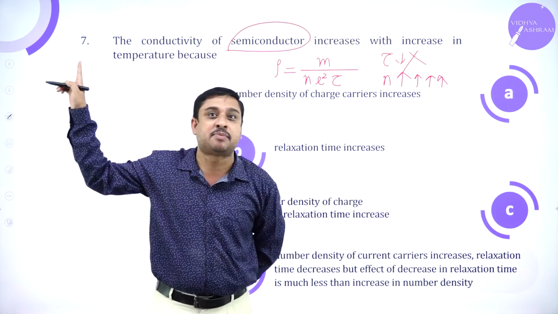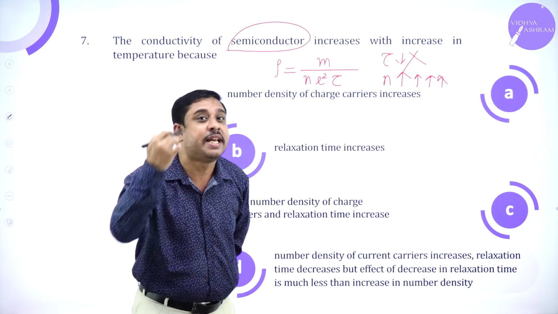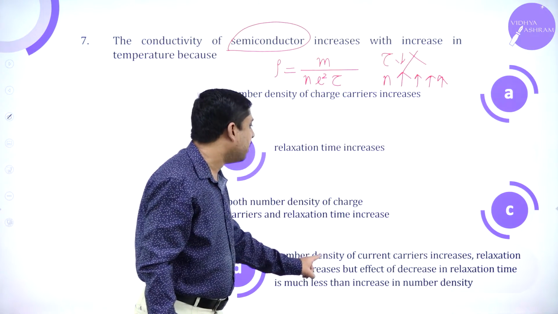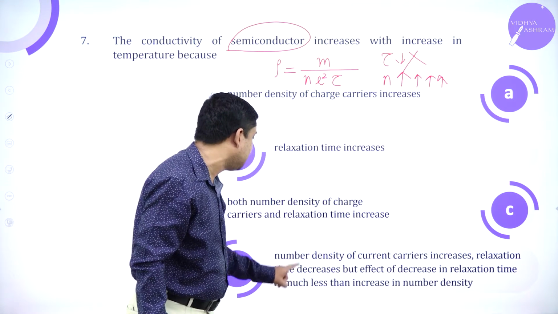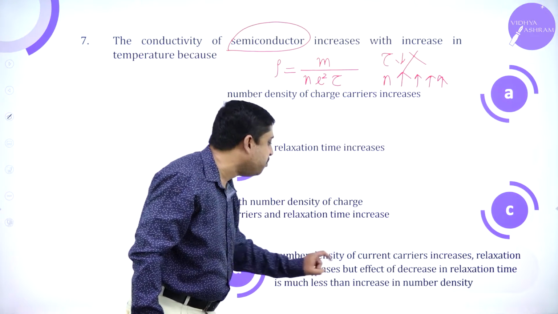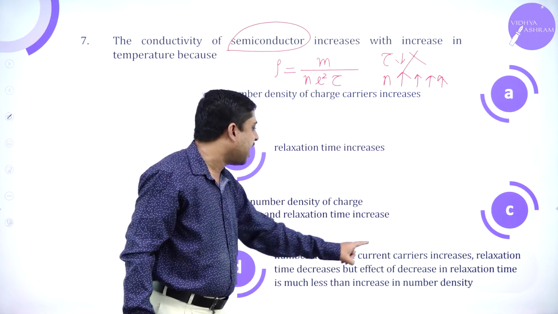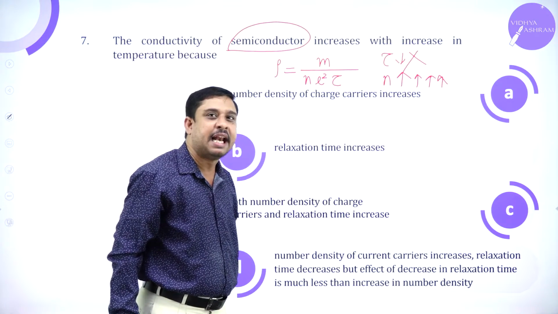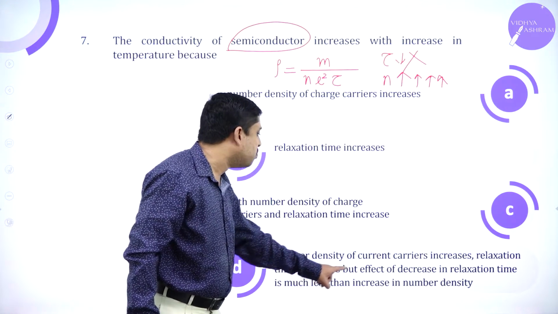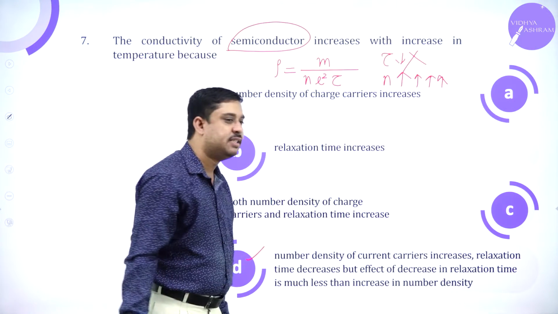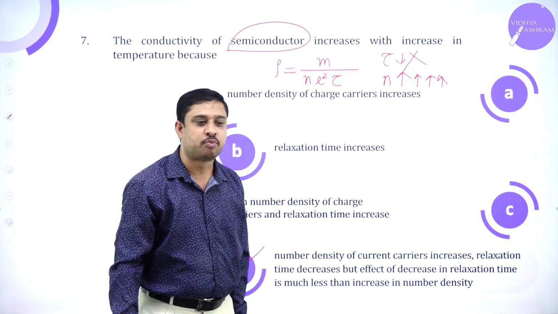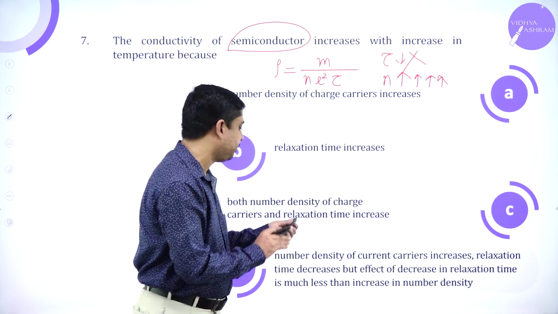Resistivity decreases means conductivity has to increase. Why? Number density of current carriers increases, relaxation time decreases, but the effect of the decrease in relaxation time is much less than the increase in number density. So the fourth option will be the answer.